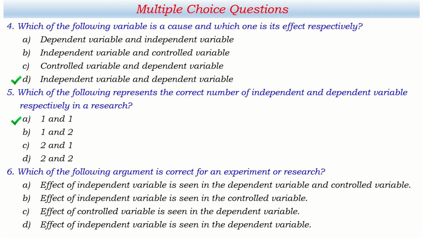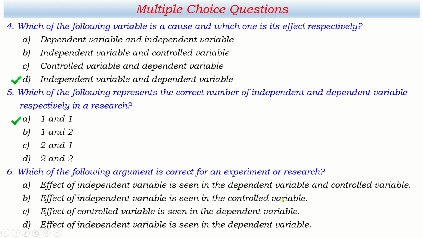Okay, which of the following arguments is correct for an experiment or research? Effect of independent variable is seen in dependent variable and control variable. No. Effect of independent variable is not seen in control variable. This is an incorrect option. Control variable is stable.